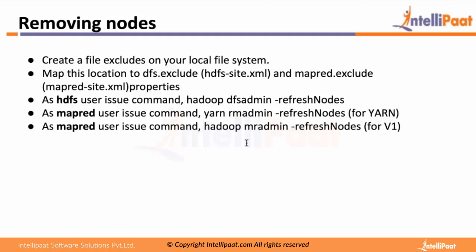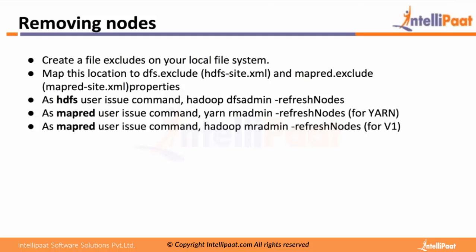If it also has to be excluded from MapReduce, then you create a property called mapred.exclude in the mapred-site.xml file, and you give the same file name, in which you have the host names of the nodes which you have to exclude from the operation. Once you do that, there is no need to restart your services. You can issue a command called hadoop dfsadmin -refreshNodes. What it will do is refresh itself by excluding these nodes.